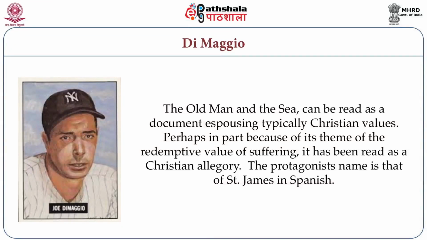The Old Man and the Sea can be read as a document espousing typically Christian values. Perhaps in part because of its theme of the redemptive value of suffering, it has been read as a Christian allegory. The protagonist's name is that of Saint James in Spanish.